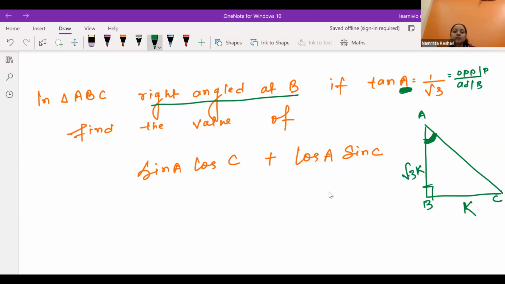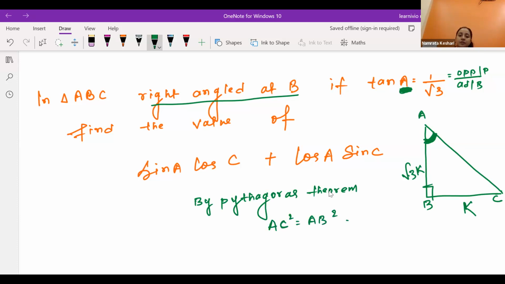Okay. At first, this is how we will be drawing the figure and filling the data. Now, whatever side is missing, we will find that by using the basic Pythagoras theorem. So by Pythagoras theorem, please find AC. 2K.